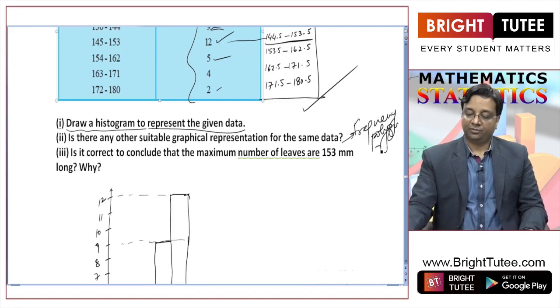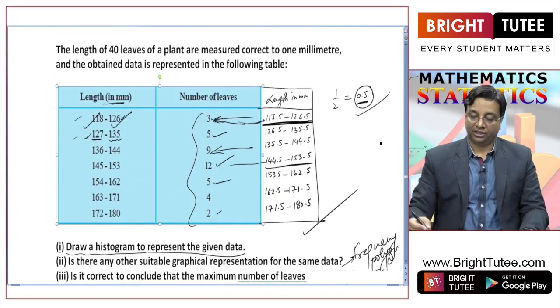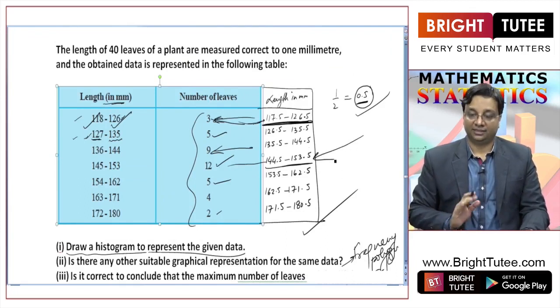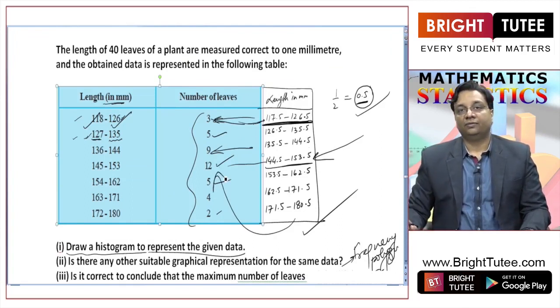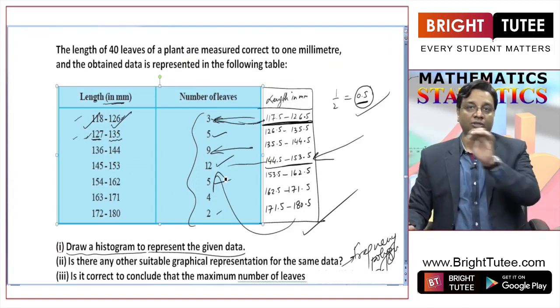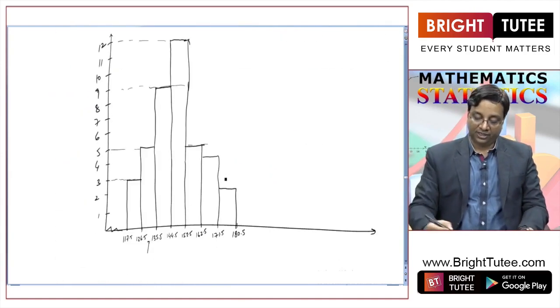We can make this frequency polygon using this histogram itself, or we can make it directly using the class marks. We can find the class marks for these classes and the corresponding frequencies are these. You can directly find the coordinates of those points and join those points to become a frequency polygon. Otherwise, you just find the midpoints.